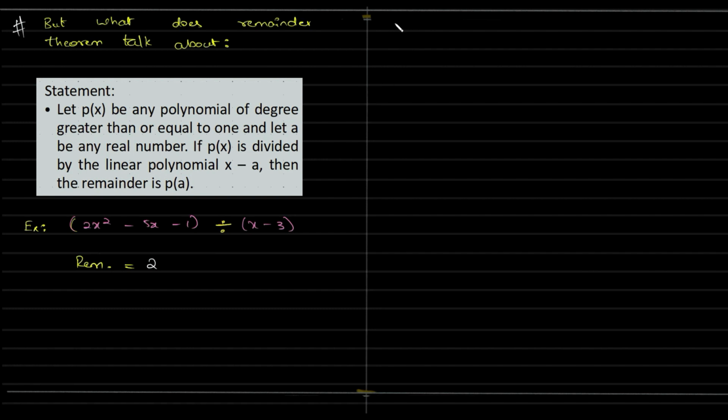Step 1: look at your divisor. We have d of x is equal to x minus 3. Find the 0 of d of x. So we have x minus 3 is equal to 0. So x is equal to 3.